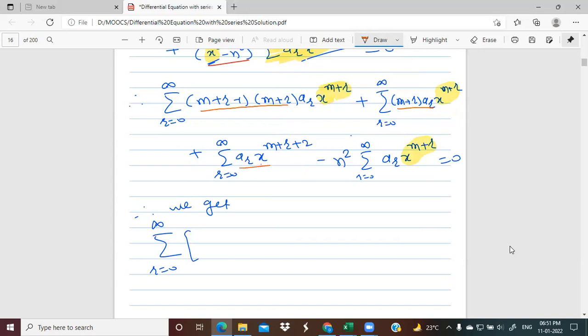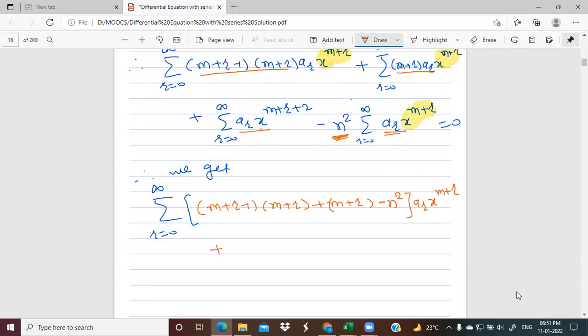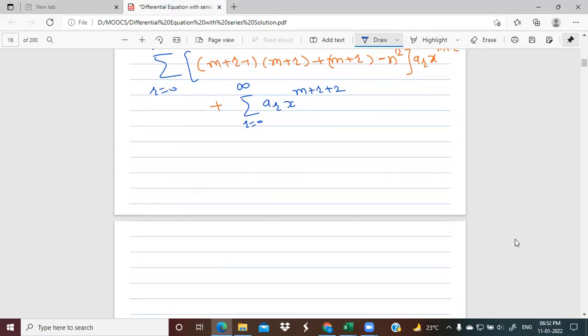Here, the coefficient is m plus r minus 1 into m plus r, plus m plus r, and here is minus n square, a_r into x raised to power m plus r, plus the remaining term, summation a_r into x raised to power m plus r plus 2, r equal to 0. Simplify this bracket.